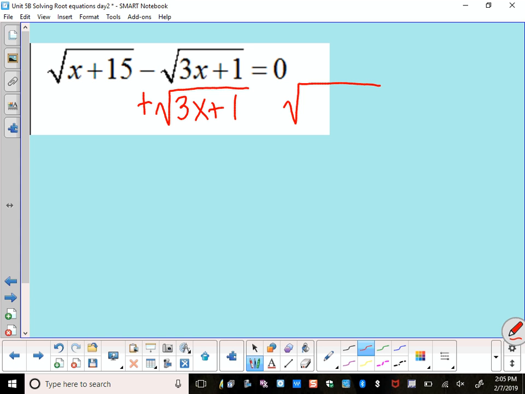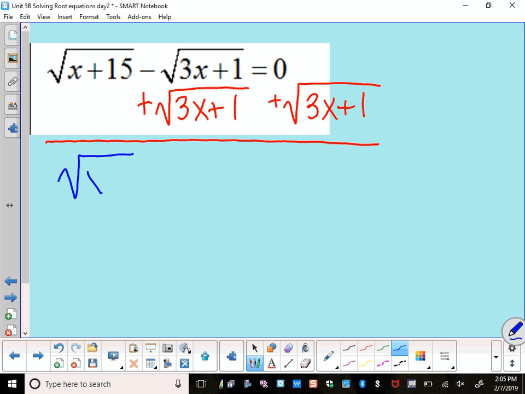So when I rewrite it, I have the square root of x plus 15 is equal to the square root of 3x plus 1. Does that make sense? Just move one over.